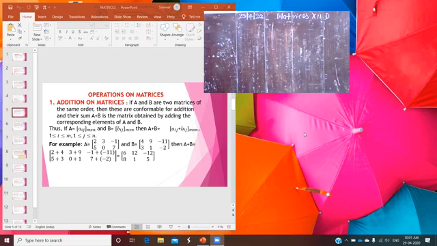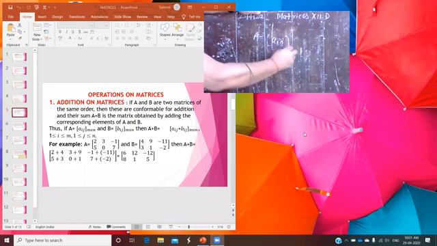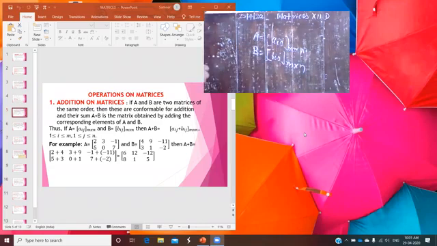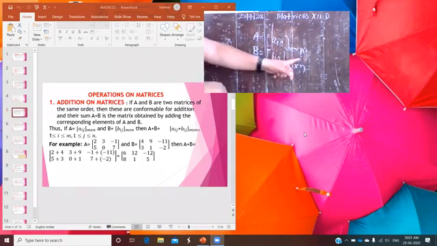So for the addition of two matrices, suppose you have matrix A represented as Aij of order m by n, and the other matrix B is also represented as Bij of order m by n.